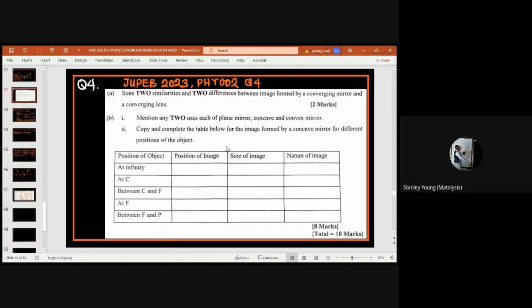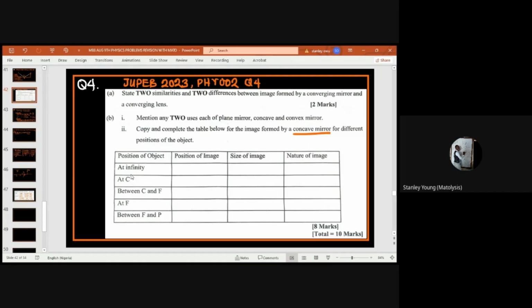So that's a summary of the problem. The question is asking you to do that. There are cases where they will just change this problem to what? For instance, a convex lens. If they change it to a convex lens, the things they are going to adjust in this table will be few.